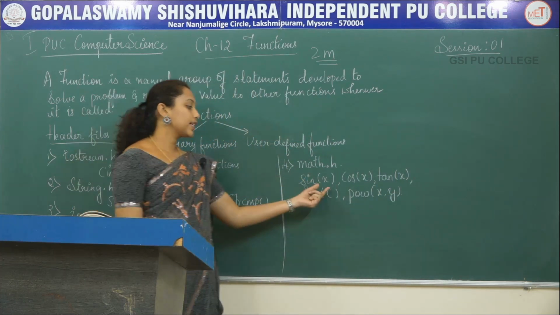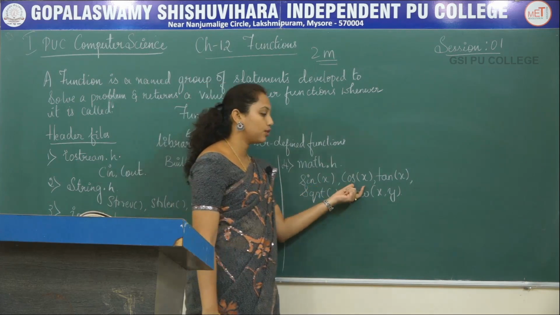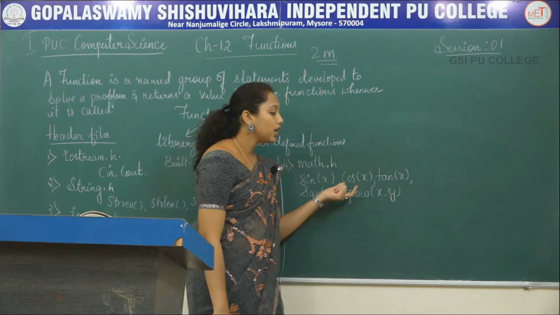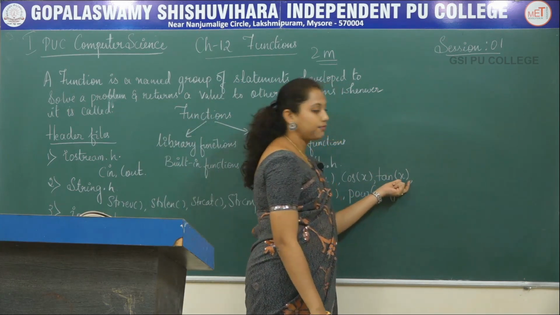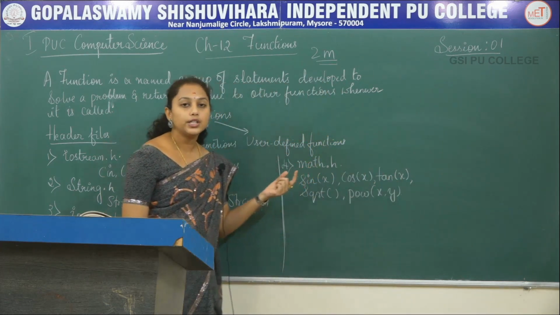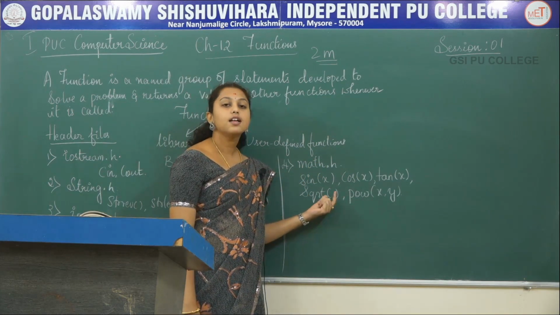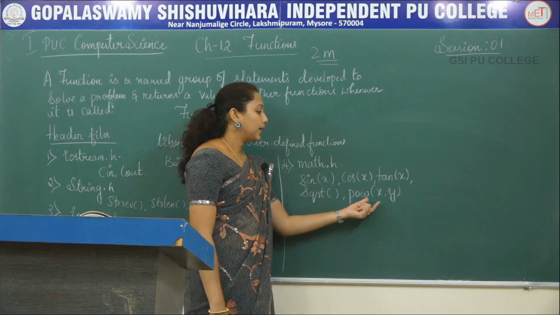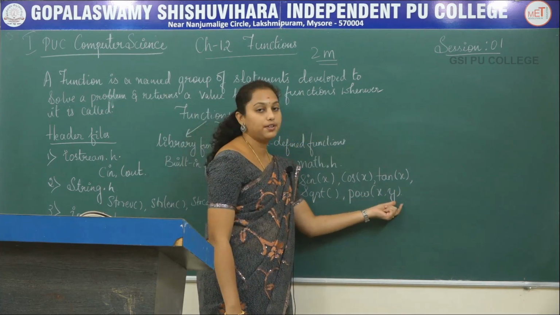Sin of x function is used to find the sine of an angle x, cos of x function is used to find the cosine of an angle x, and tan of x function is used to find the tangent of an angle x, and square root function is used to find the square root of a number, and power of x comma y is used to find the power of x raised to y.